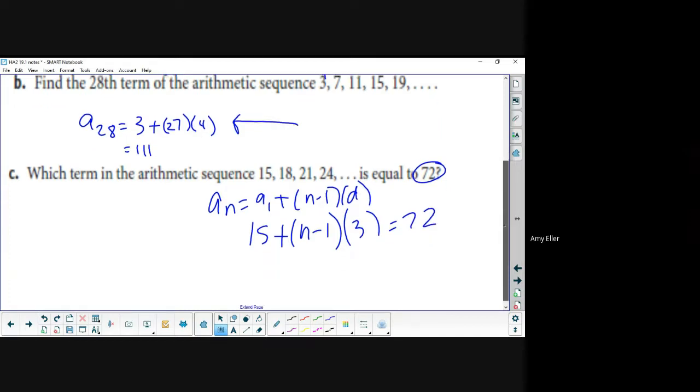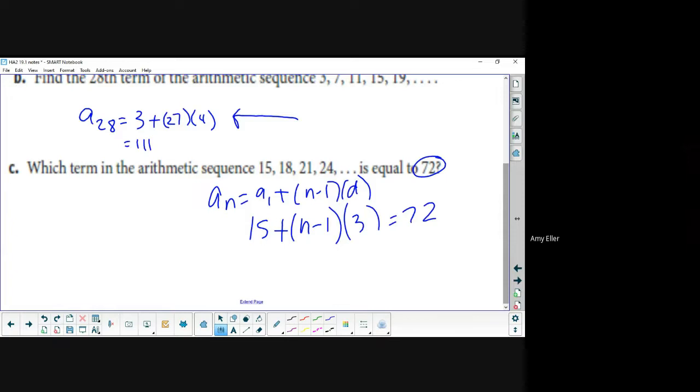So pretty easy setup if you have the equation. Lots of ways to solve this algebraically. I'm going to subtract first. Divide by 3. And add 1. So the 20th term.